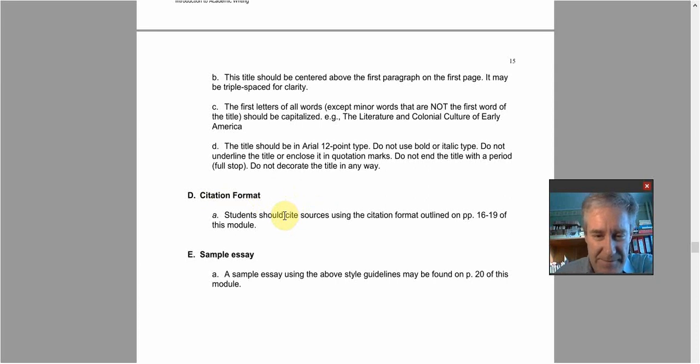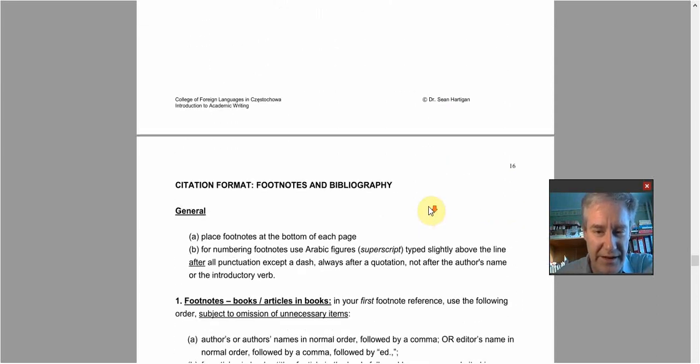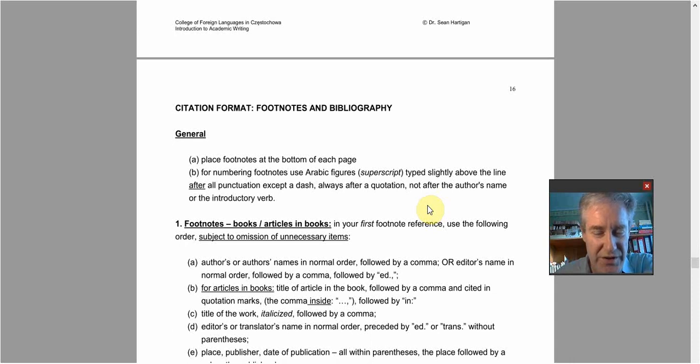And it says, students should cite sources using the citation format outlined on pages 16 to 19 of the module. Okay, let's go see what that looks like. Oh dear, look at these instructions. Now, citation formats are often very sort of horrible looking things, filled with all kinds of very technical, detailed instructions.